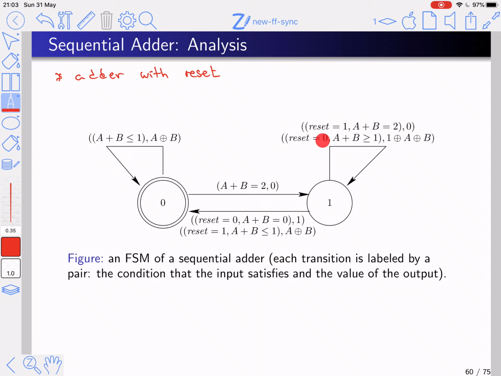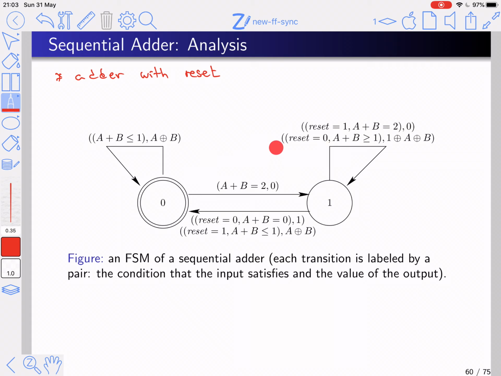Either there is a reset or there's no reset. If there's no reset, the carry out is 1 if and only if a plus b is greater than or equal to 1, because the carry in is 1. And the output is 1 XOR a XOR b, because the carry in is 1. If there is a reset, then I pretend that this is actually my state.